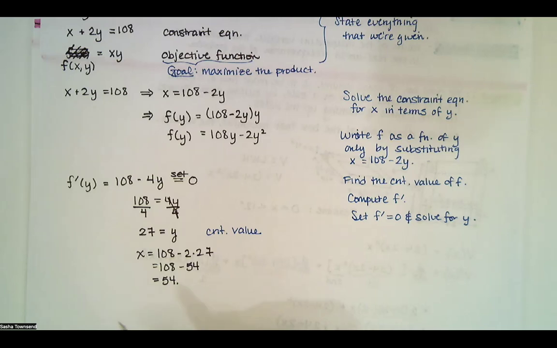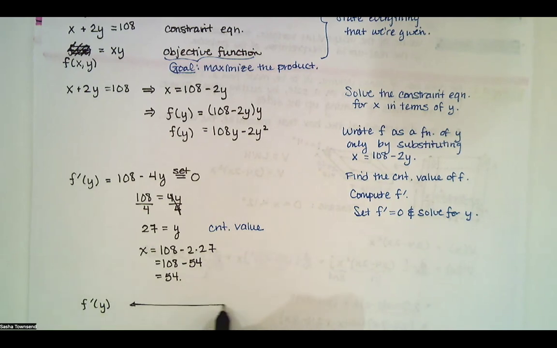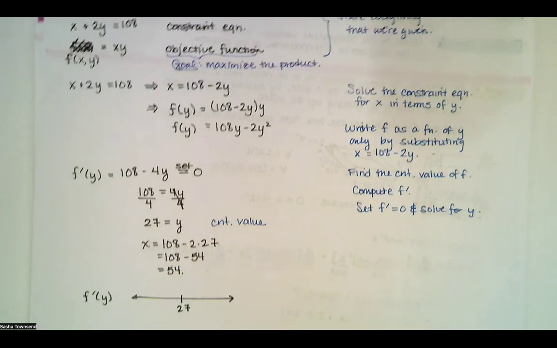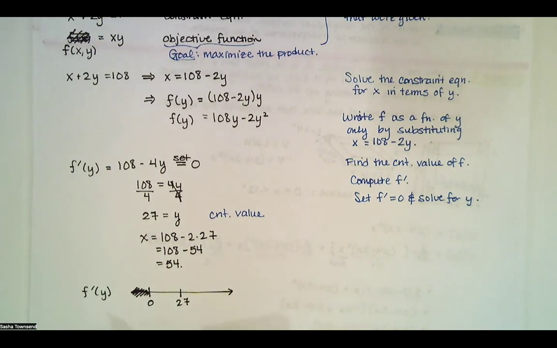So let's prove that. We just need to look at this f prime of y. We have a number line at y equals 27. We have a critical point. We're not interested in any y values that are less than 0, so we ignore those. And then we can factor out the 4. So that's 4 times 27 minus y.